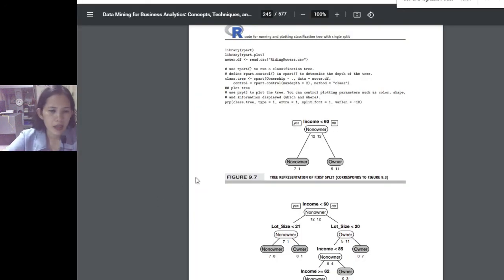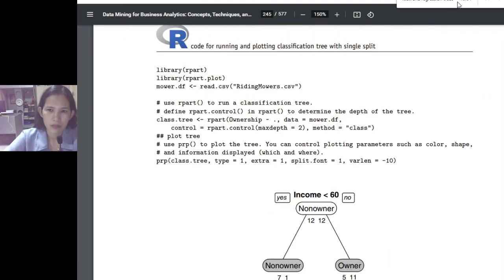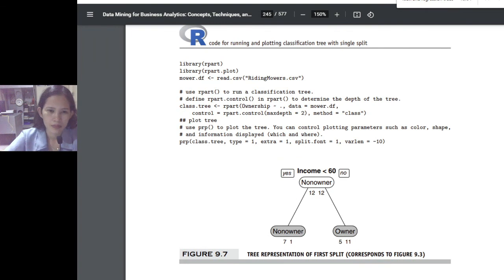Now, using R, we have this code for running and plotting the classification tree with a single split. So we'll be using the rpart library and the rpart.plot to create or plot our classification tree. Then here we read the riding mowers.csv.